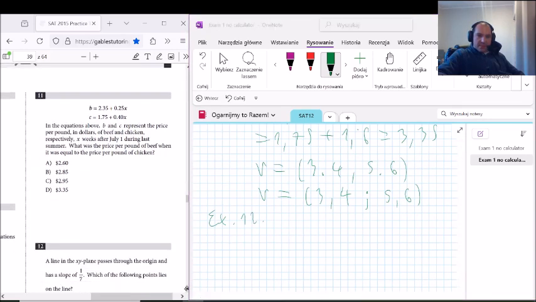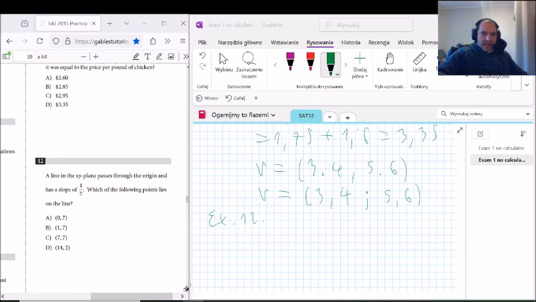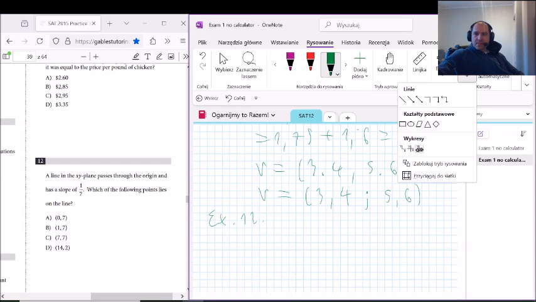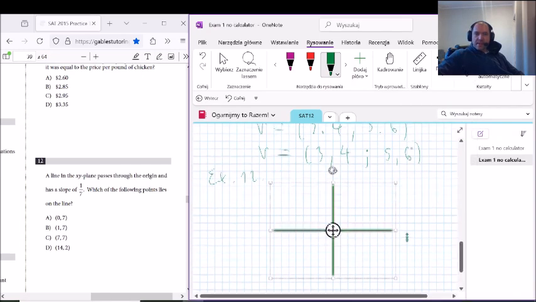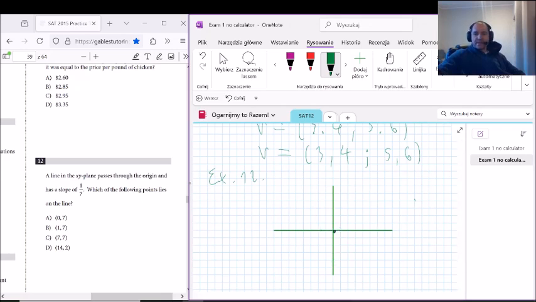Let's go maybe this way. A line in the xy plane passes through the origin and has a slope of 1/7. Which of the following points lies on the line? So basically what they say here is we can draw this. The origin of the xy plane is the point where the axes intersect, which means point 0, 0.